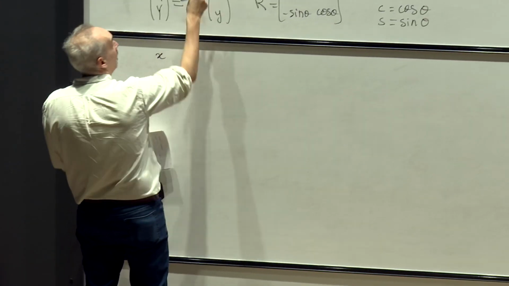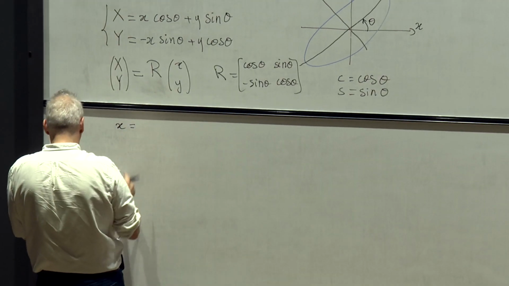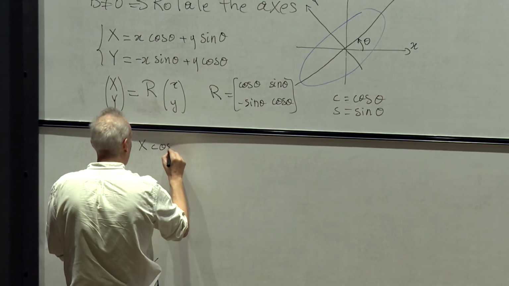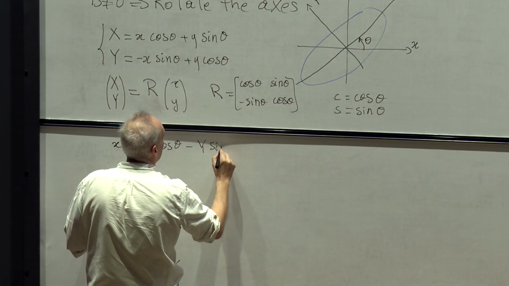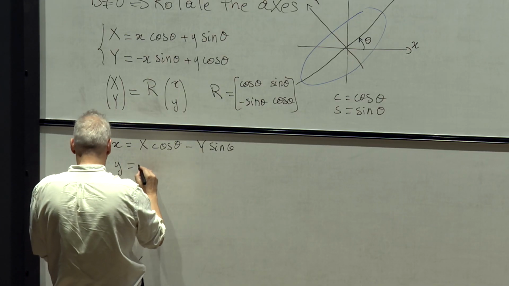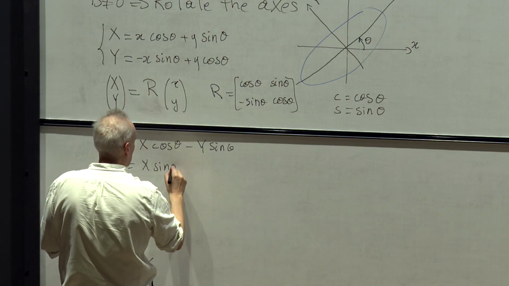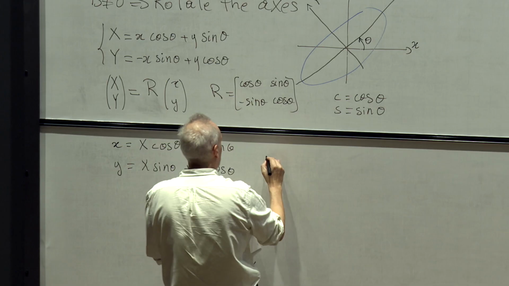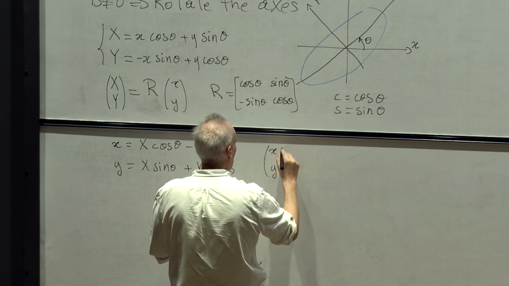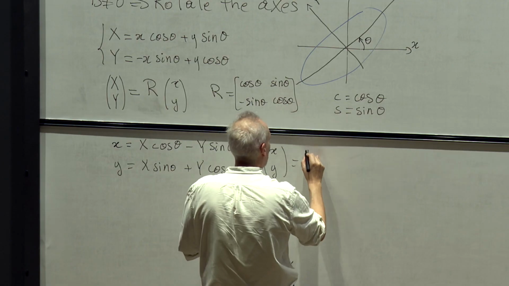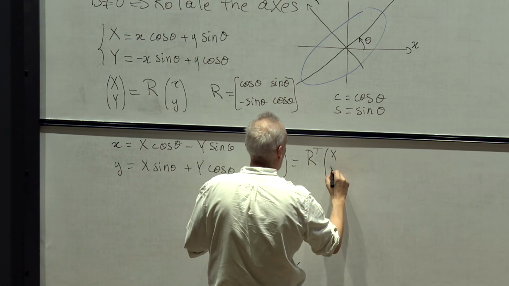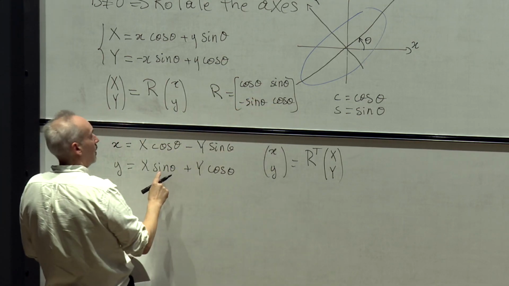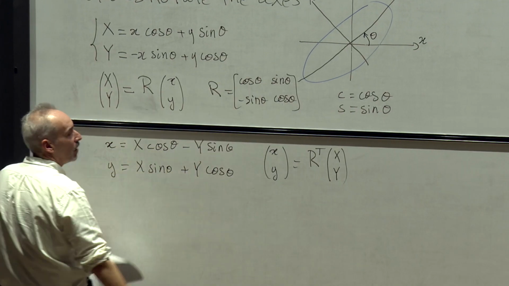And indeed, if I invert these by whatever method, I can write it explicitly: x equals X cos theta minus Y sin theta, and y equals X sin theta plus Y cos theta. And you see that it's right: (x, y) equals the matrix R transpose times (X, Y). If I transpose R, the sin theta and minus sin theta change places. That's all.